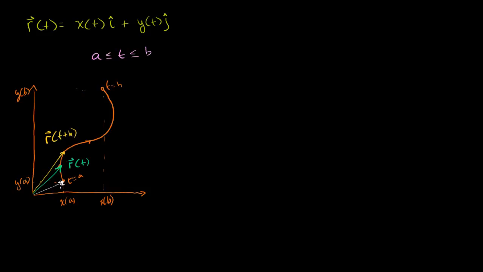So the first thing we might want to say was, what's the difference between these two? If I were to take, and I want to visualize it, the position vector that we get by evaluating r at t plus h, and from that I were to subtract r of t, what do we get?